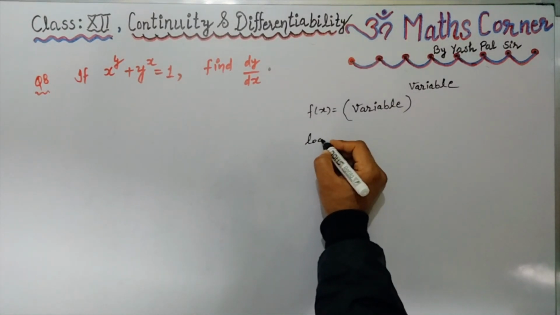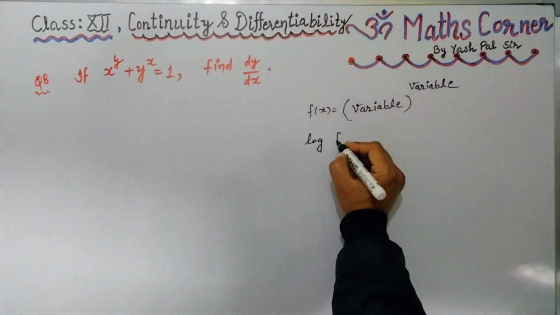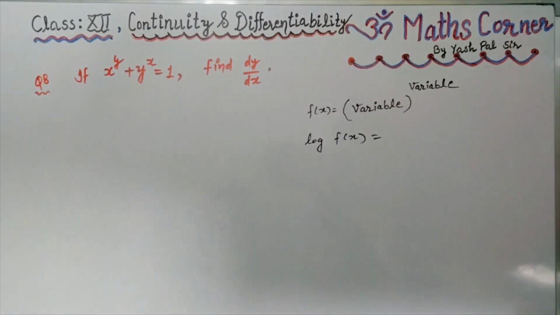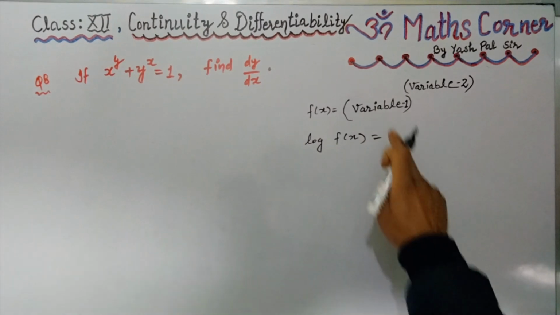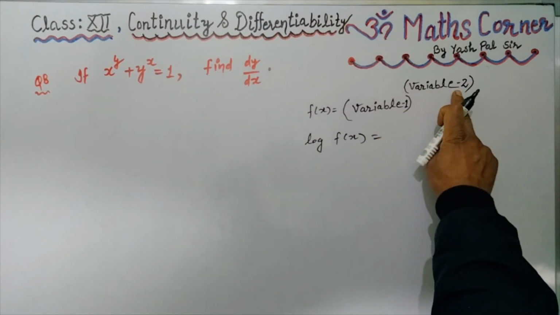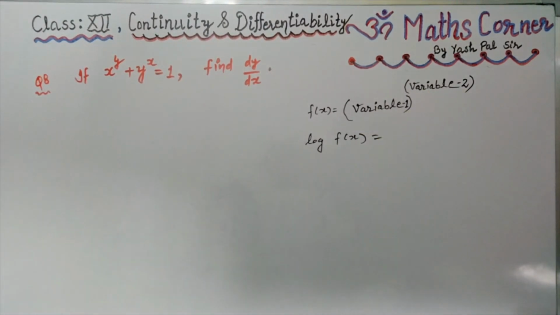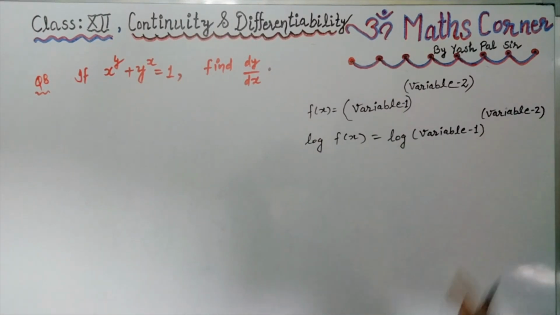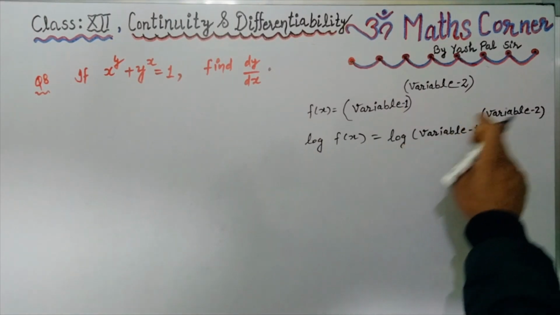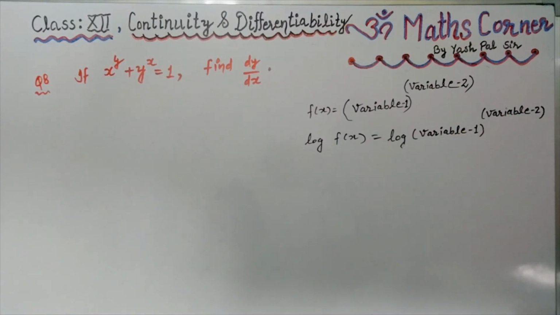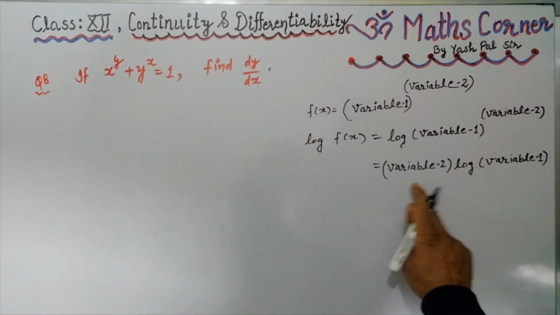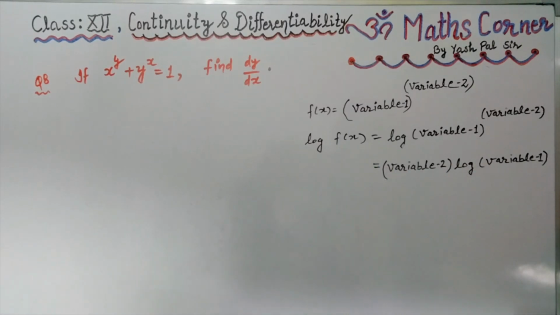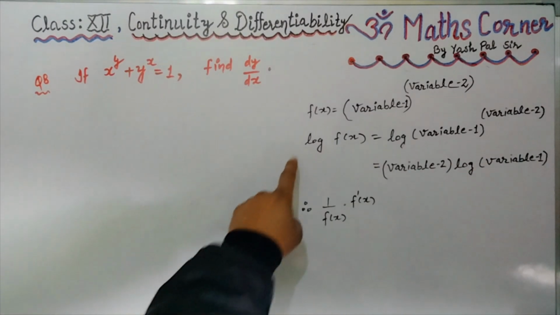We take log on both sides, this becomes log of f of x is equal to log of variable 1 power variable 2. Now log m power n, we can write this as variable 2 log variable 1.